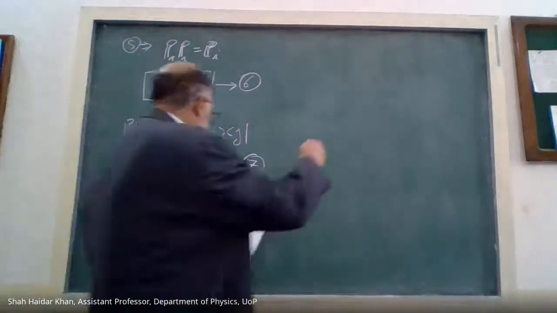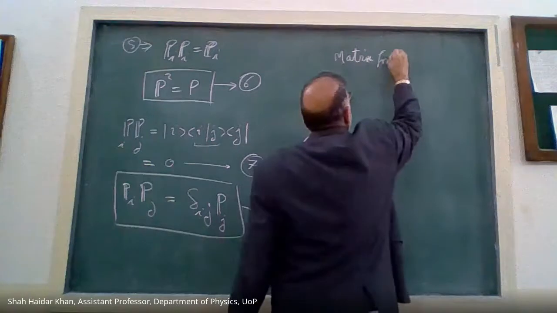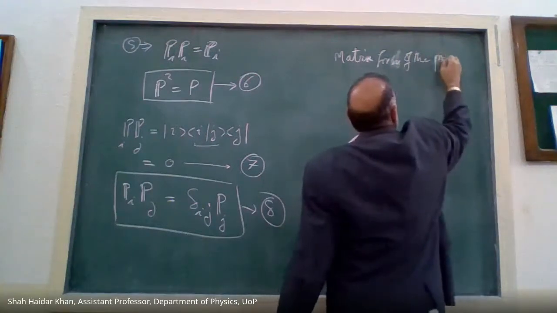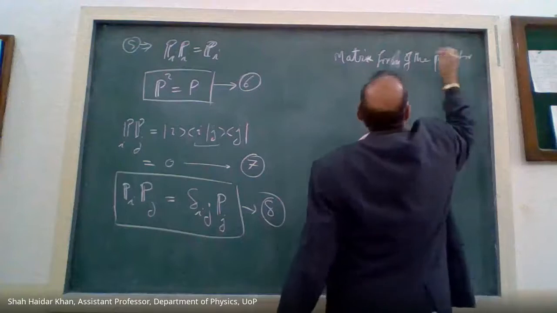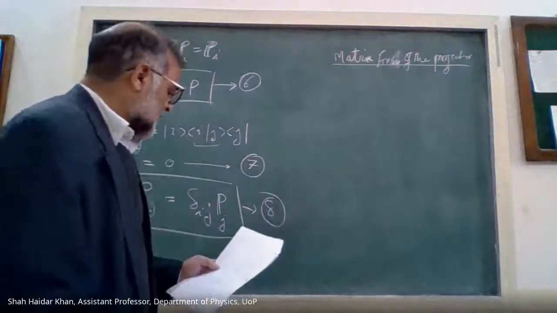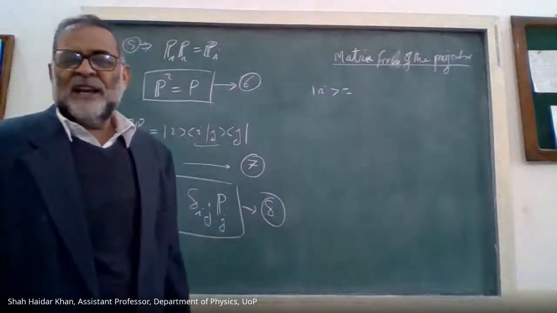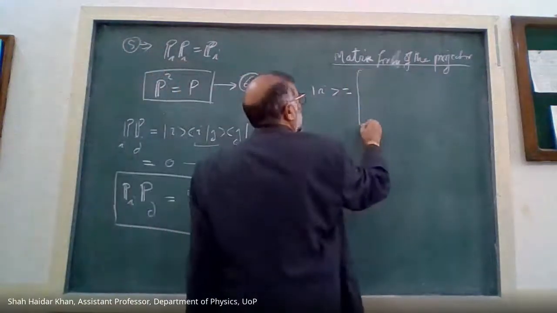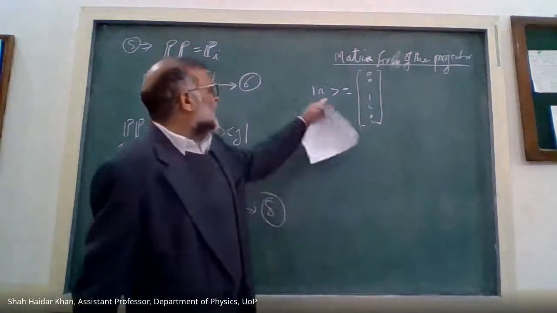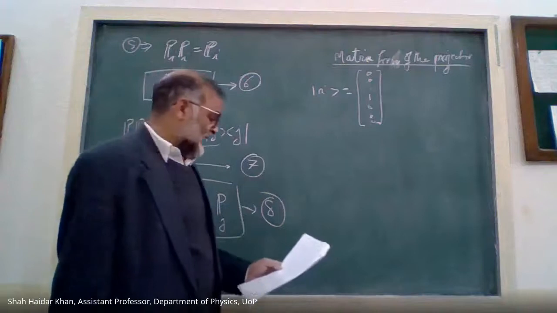So what is the matrix form of the projector? A ket i in some n dimension can be represented by some column vector 0, 0, 0, 0, 1, 0, 0, 0, where only the ith component is 1.